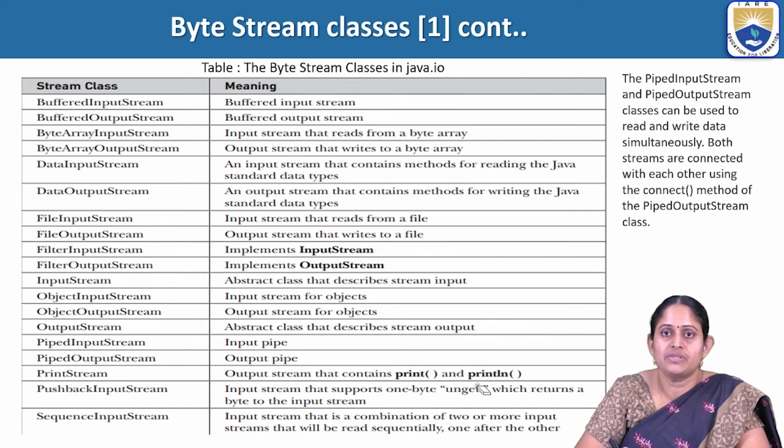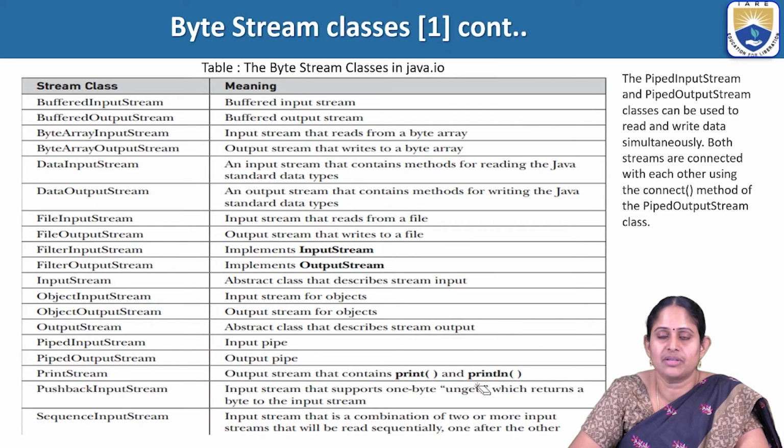input, and ObjectInputStream is the input stream for objects. Similarly, ObjectOutputStream is the output stream for objects. The PipedInputStream and PipedOutputStream are both connected using the connect method, and they work like a pipe. The PrintStream is the output stream that contains the print and println methods.